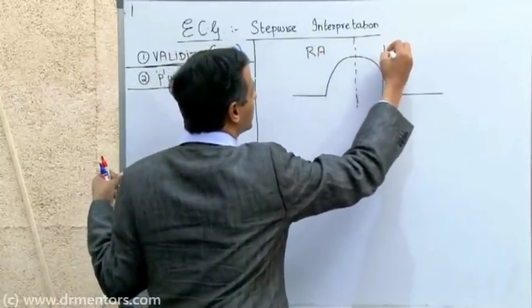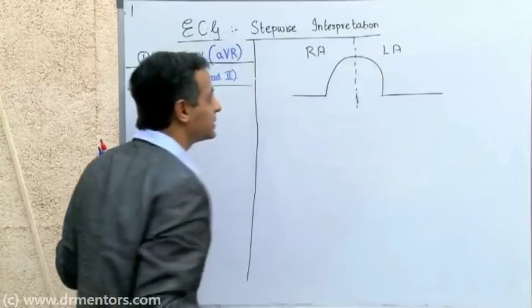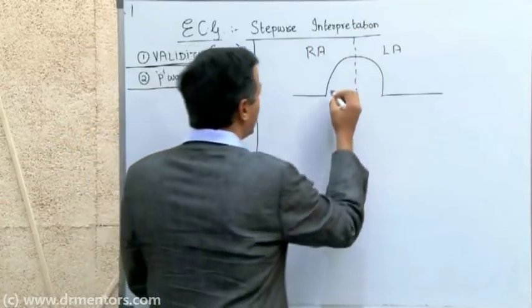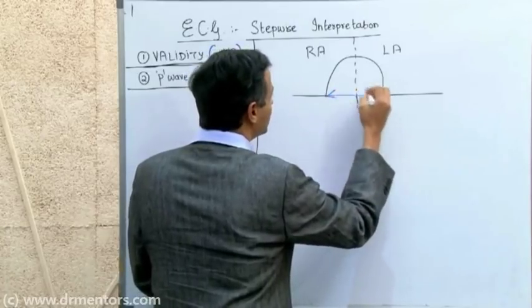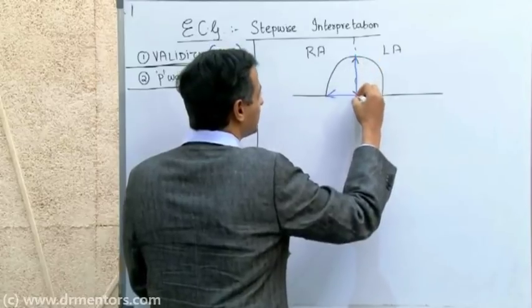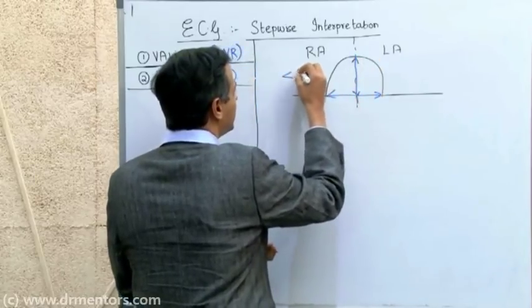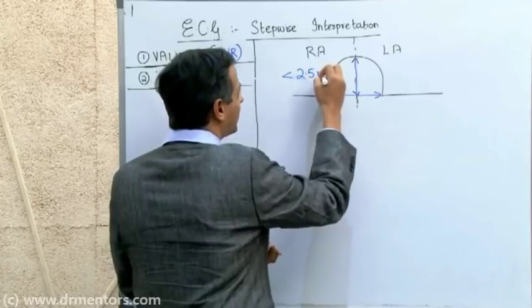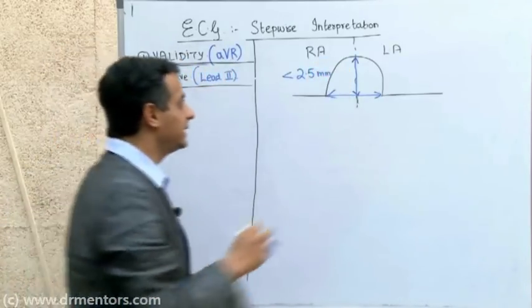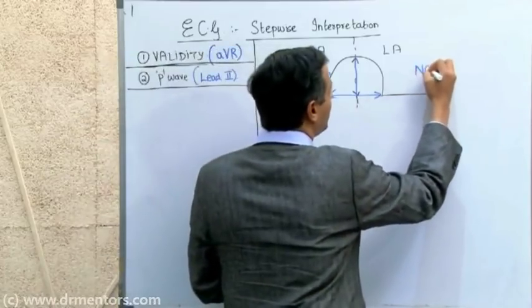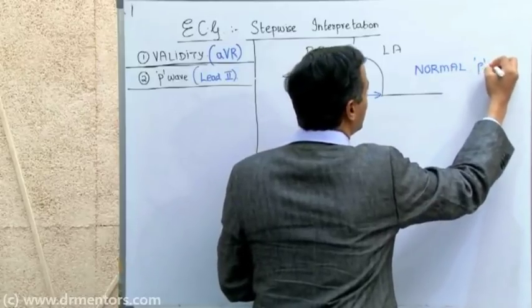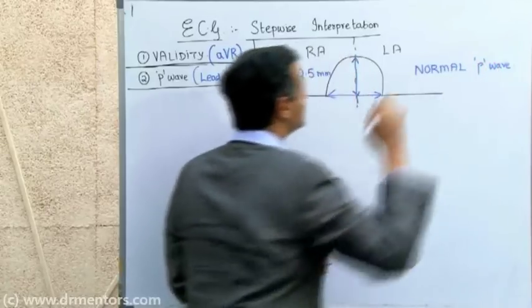The second part is the left atrial contraction. Normally, the P wave must be less than 2.5 millimeter in both the length and the breadth of the wave. This is what is a normal P wave. This is how it is seen.